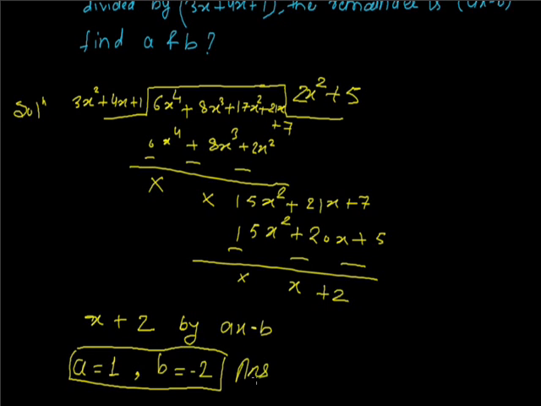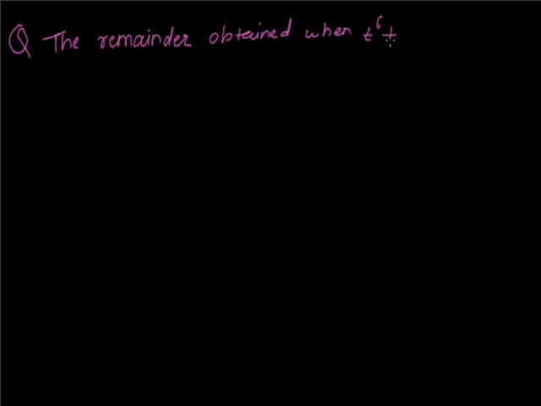Next question: the remainder obtained when t raised to the power 6 plus 3t square plus 10 is divided by t cube plus 1.